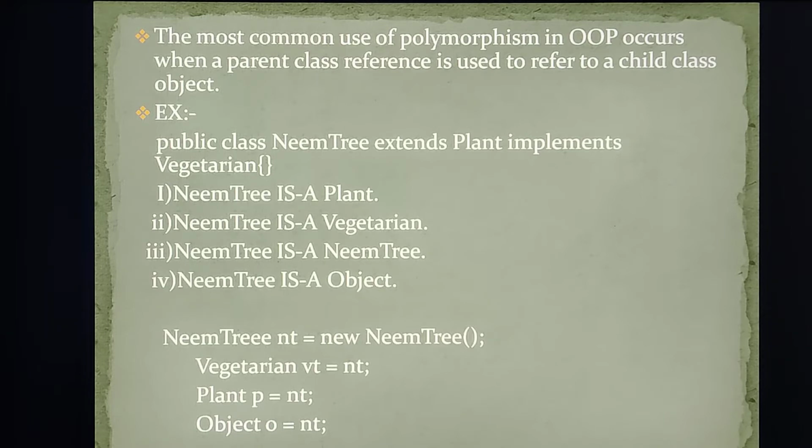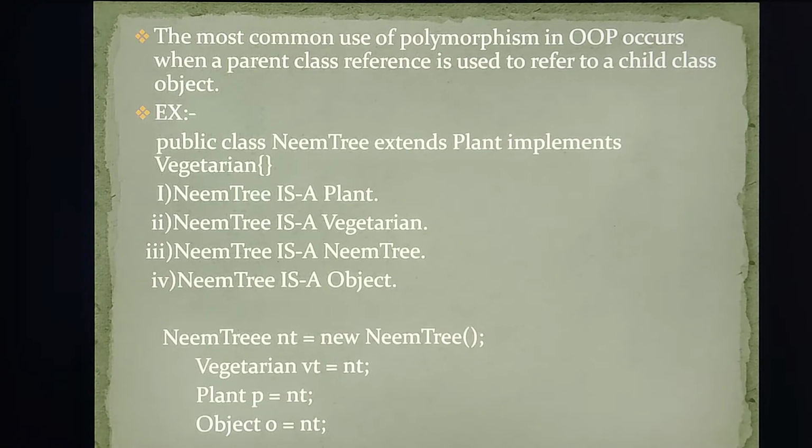So when I call the p.test method, the JVM will first check which class object got created. Tree object, this one nt, and it will check Tree nt equals new Tree. Okay, a Tree object got created. So at runtime a Tree object got created.